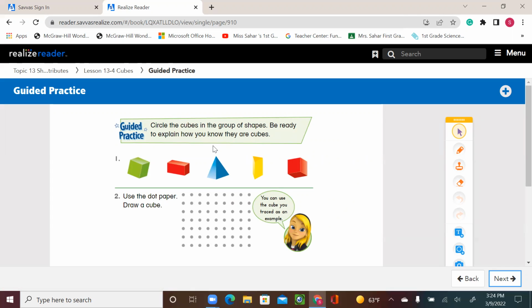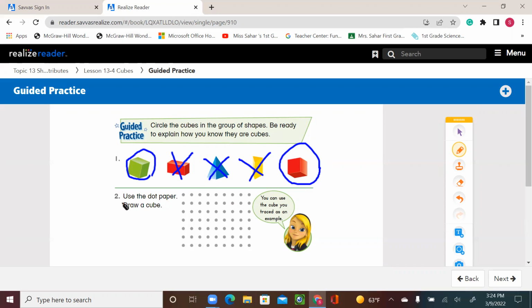They also have 12 edges and 8 vertices. So I know that the green one, all the sides are equal, so that would be 1 cube. This is not a cube because I know that the sides are not the same. That's not a cube, that's a pyramid. That's not a cube. Yes, this is a cube.